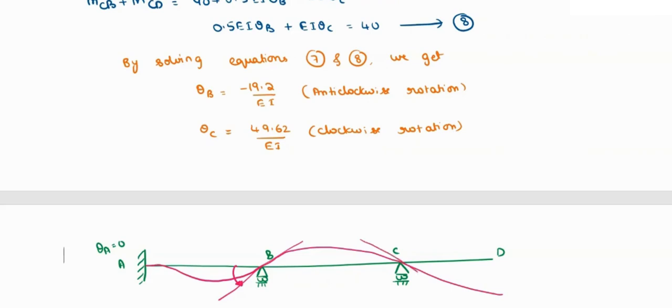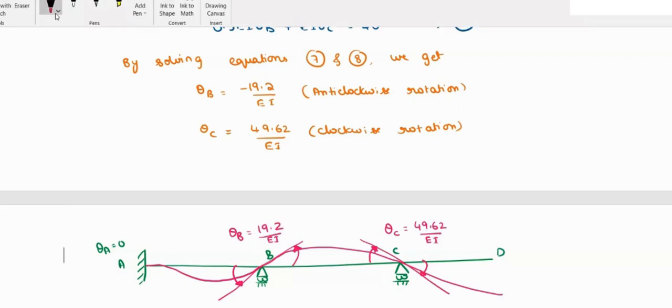So when we draw a tangent to here, so here also if you just see, this is a rotation, and this is theta B, which is of 19.2 by EI, right? So this is in anti-clockwise direction, and now this will be in clockwise direction for this theta C. So that theta C will be equal to 49.62 by EI, which is in clockwise direction.